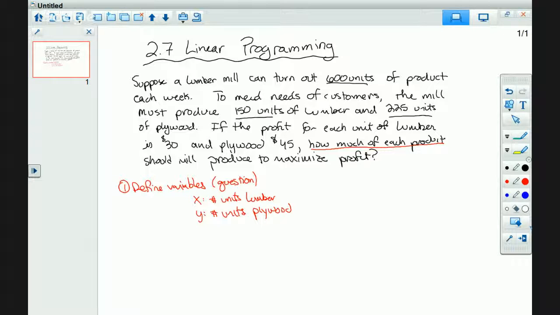Now we're going to write our equations, or inequalities, really.